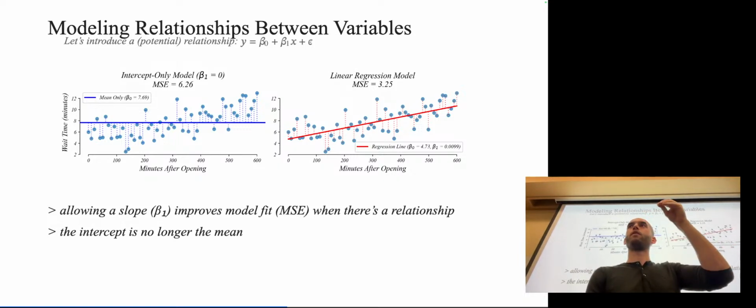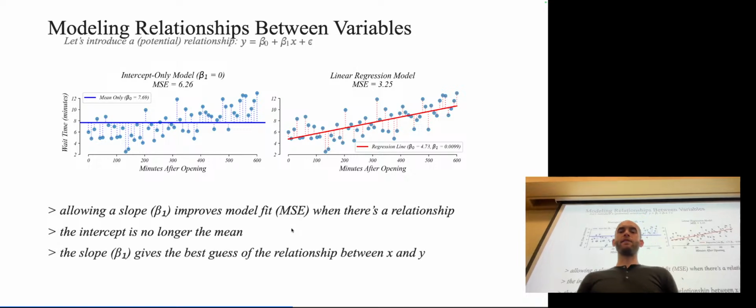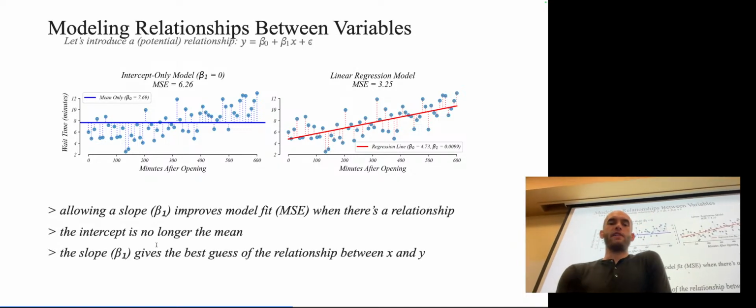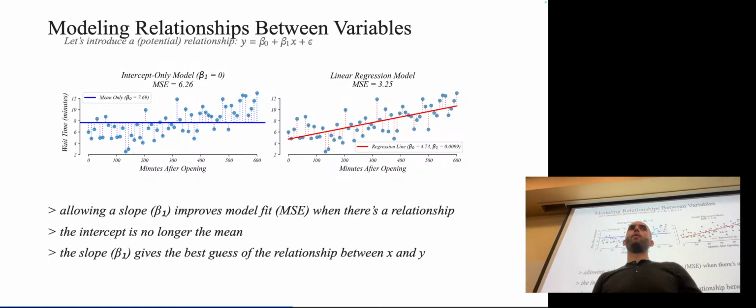It's like the value at an x value of 0, the wait time at open. So that's represented here. So the intercept is no longer the mean, and this beta 1 gives us something like a best guess of our relationship between minutes after open and wait time. So how much does an extra minute add to our wait time? So you wait a minute to order, how long does that add to your wait time?